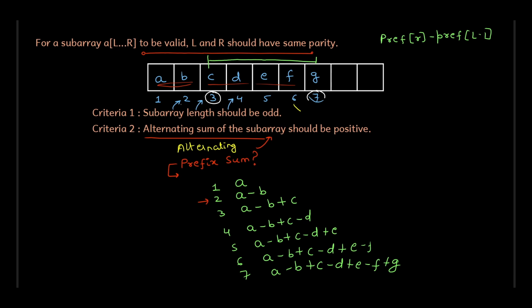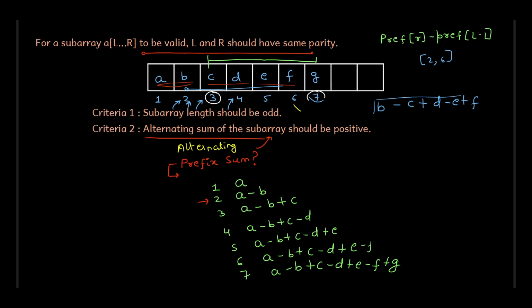If you want to start it at index 2, then you have to end it at an even index, right? Because we said that L and R should have the same parity. So then you are looking for this sum, B minus C plus D minus E plus F. So you start at 2 and you end at the same parity, which is 6. Plus minus plus minus plus, this one.